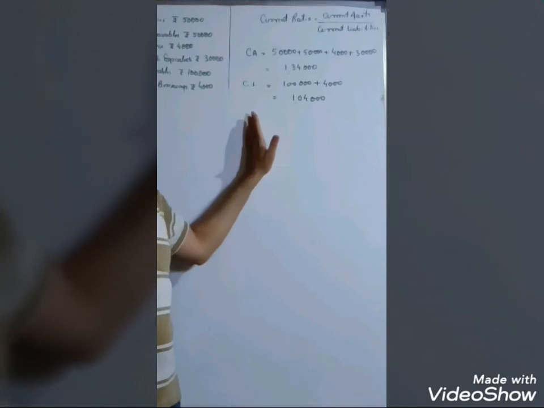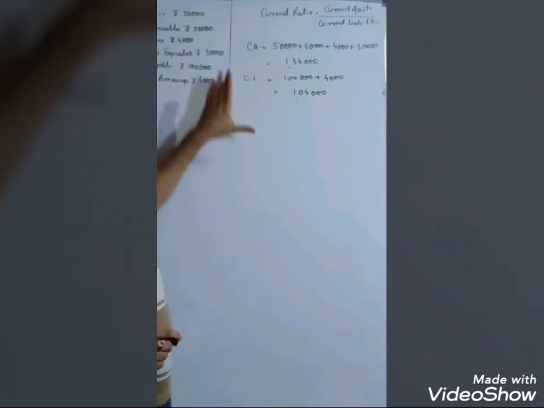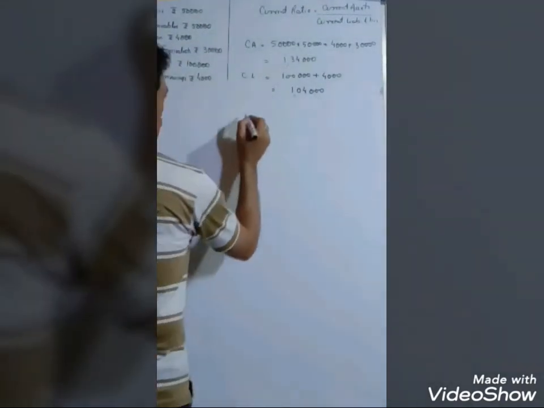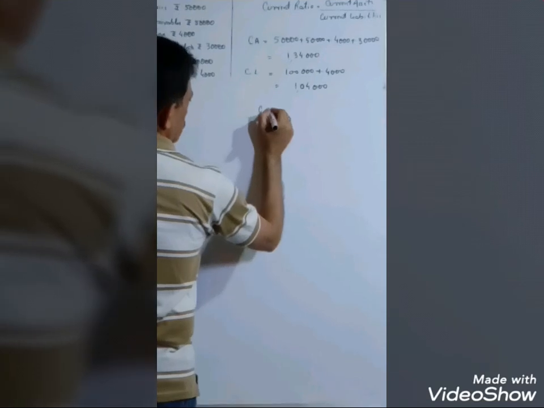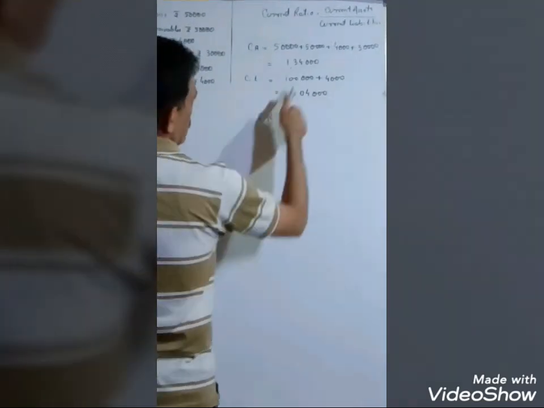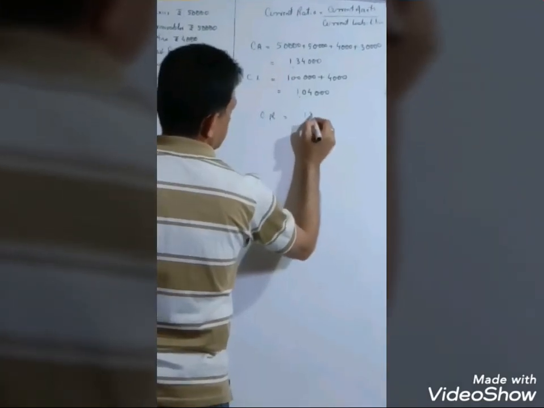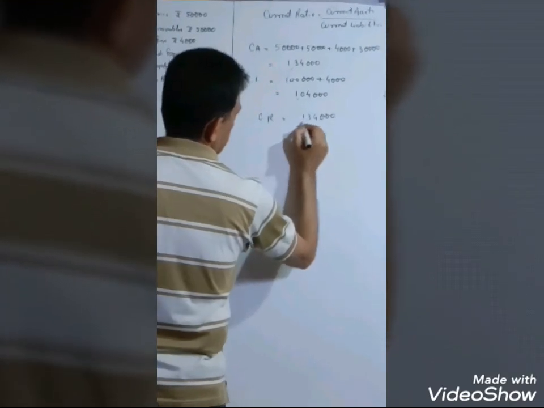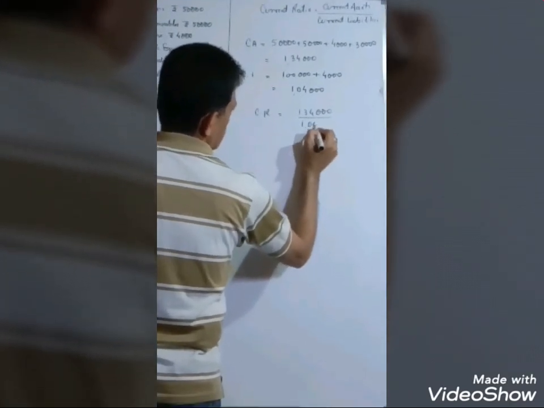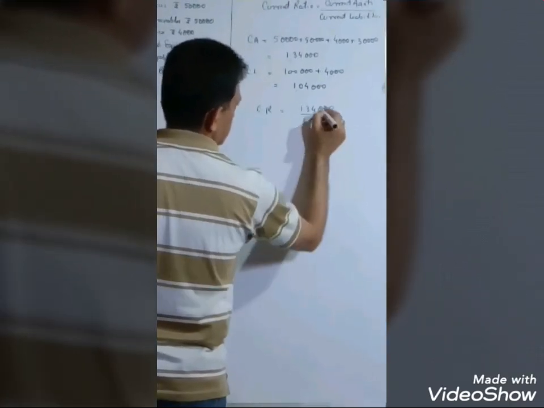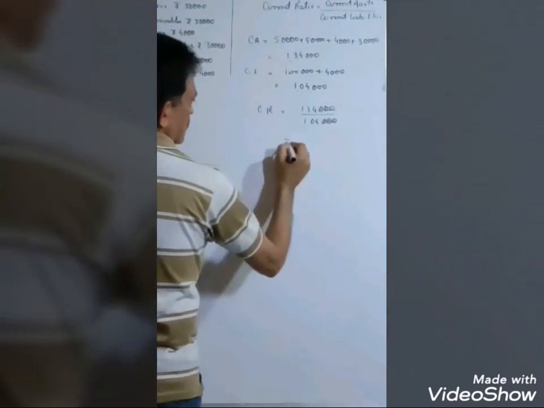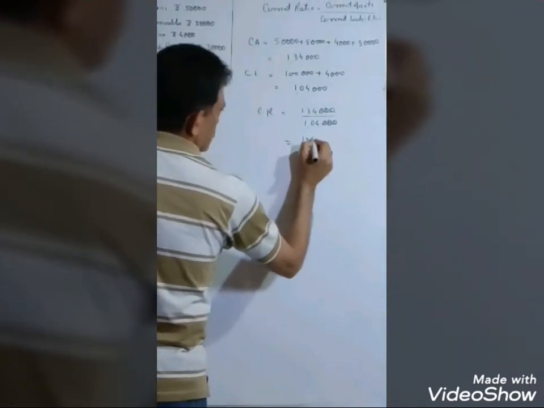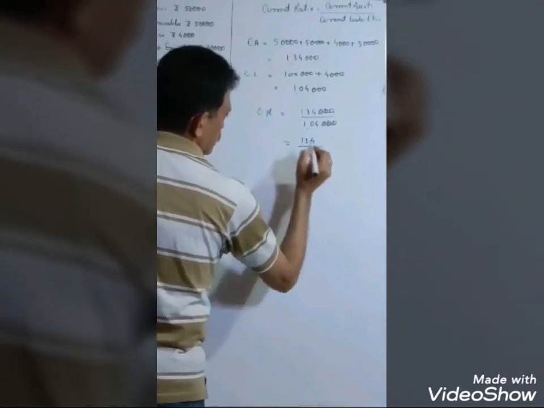Now we have both current assets as well as current liabilities. So on the basis of this, we may calculate the current ratio. Therefore, current ratio is equal to 1,34,000, these are your current assets, divided by 1,04,000, these are your current liabilities. Now we have to further simplify it.